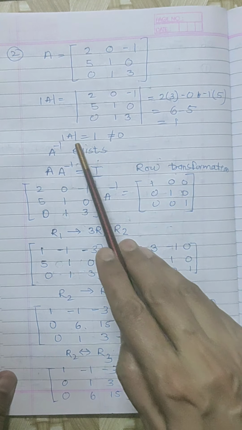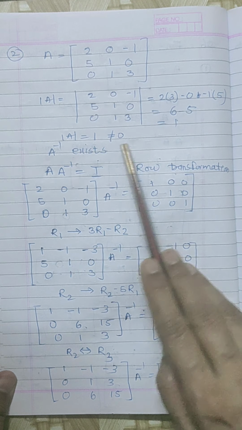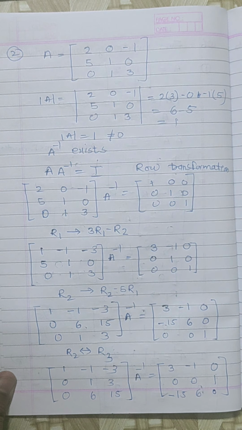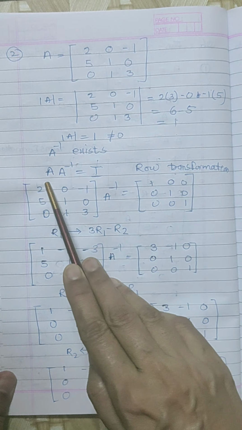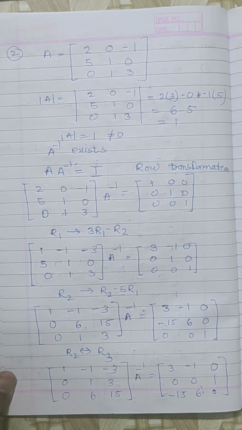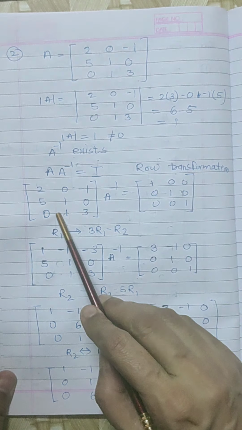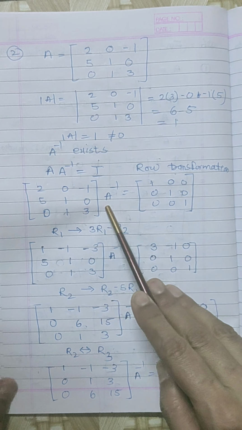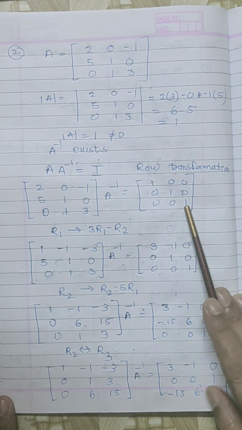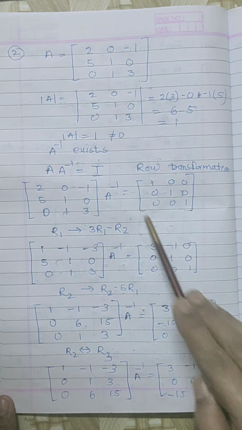The value of the determinant is 1, which is not equal to 0, so A inverse exists. This sum also we will solve by row transformation. So for row transformation, what is the formula? A into A inverse is equal to I. So write the given matrix A as it is, then A inverse, and I we have to take as the 3 by 3 identity matrix.